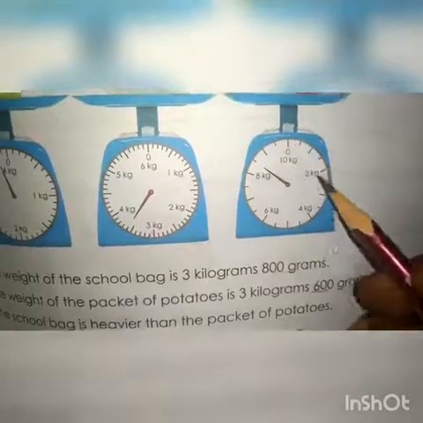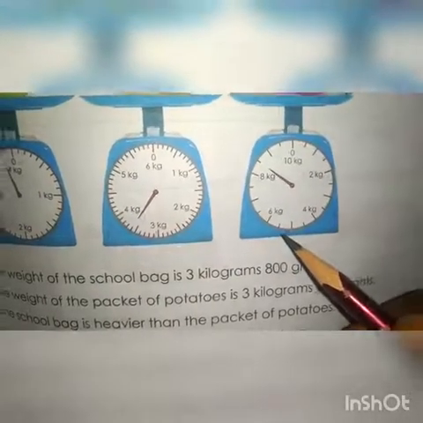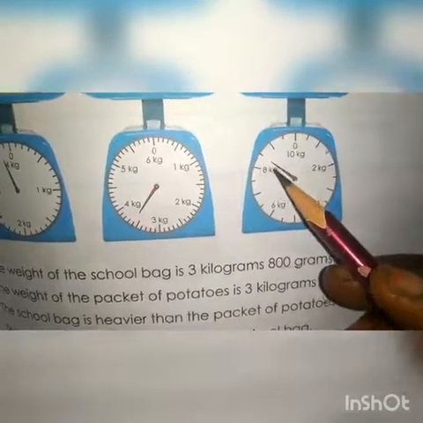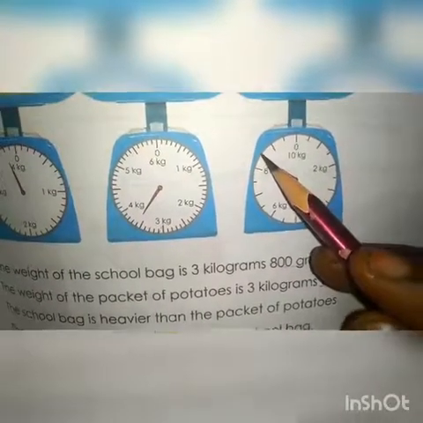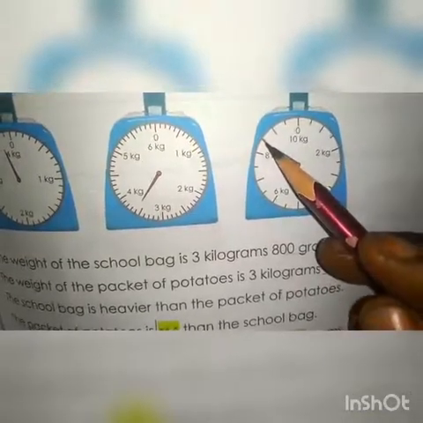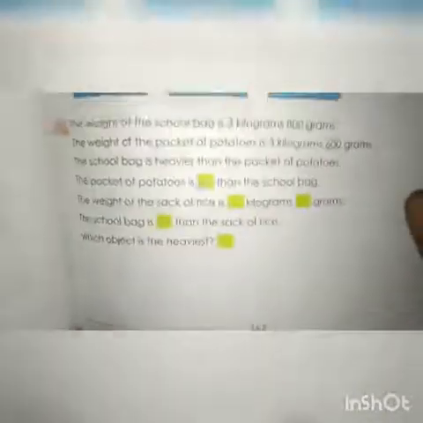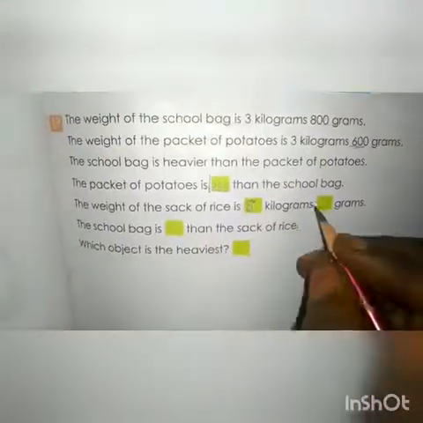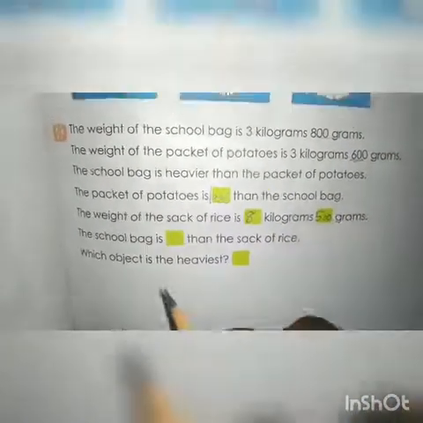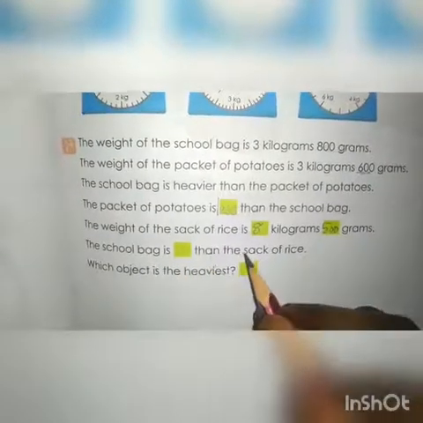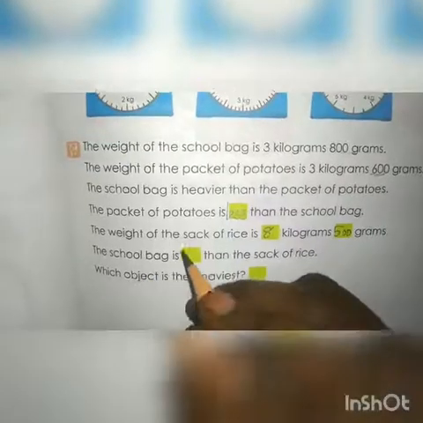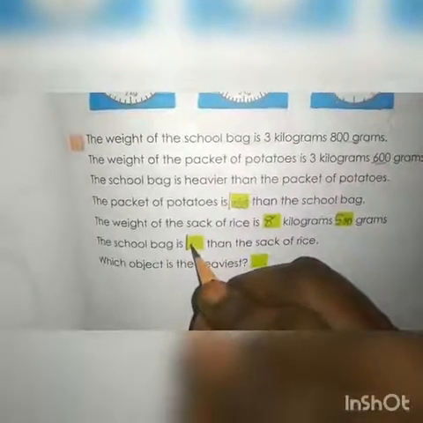So likewise each line represents 500 gram. Okay, the red line crosses 8 kg. So 8 kg, here the red line is denoted. So 8 kg 500 gram. The weight of the sack of rice is 8 kilogram 500 grams. The school bag is less than the sack of rice.